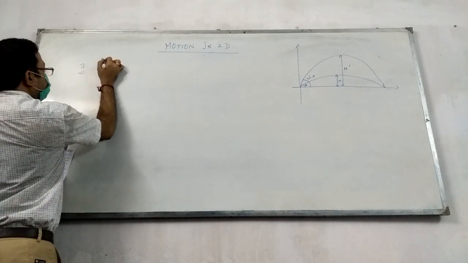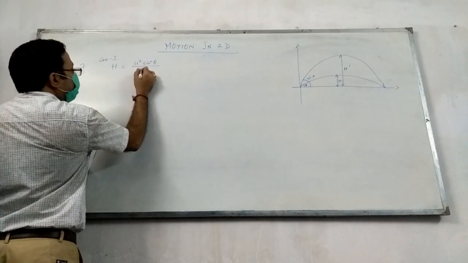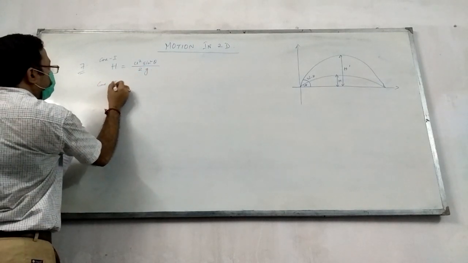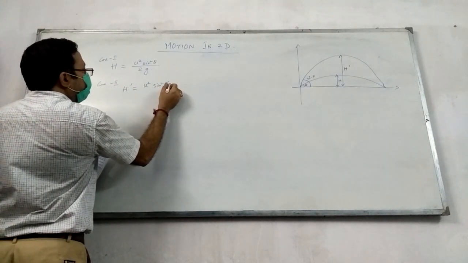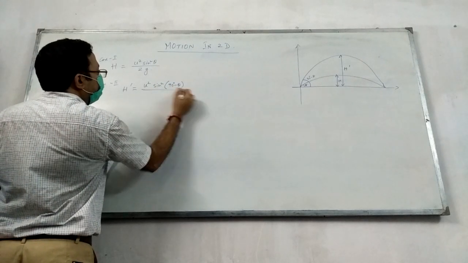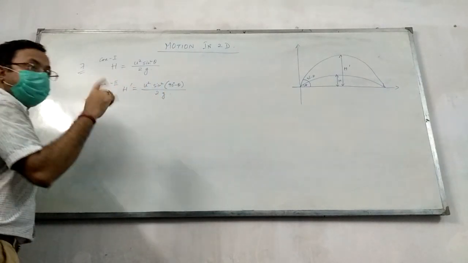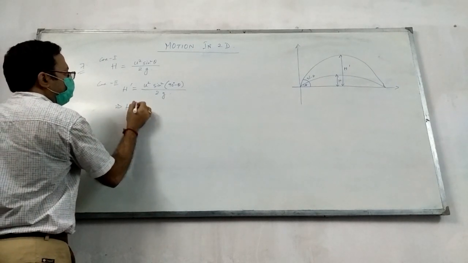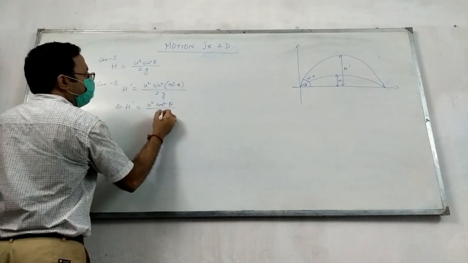Case 1. H equal to u square sine square theta by 2g, right? And case 2, H dash will be u square sine square 90 degree minus theta by 2g. Right? For 90 degree minus theta also. So sine of 90 degree minus theta is cos theta. So this will be u square cos square theta by 2g.